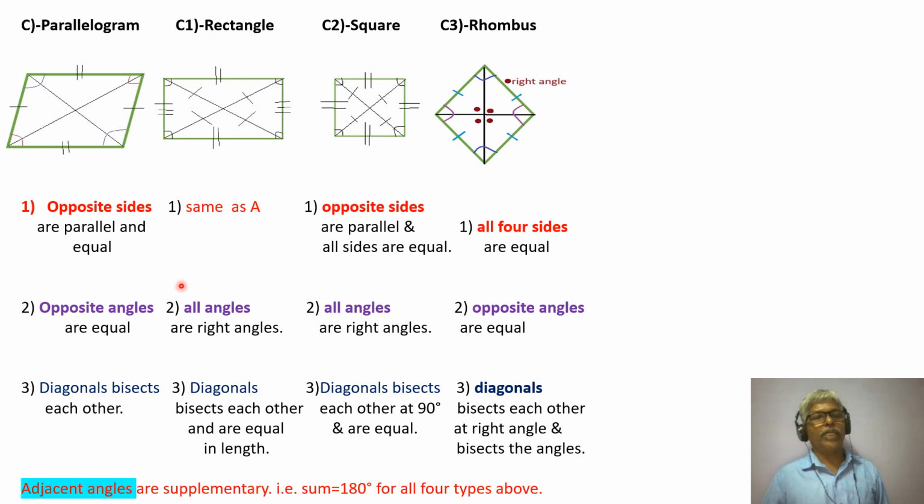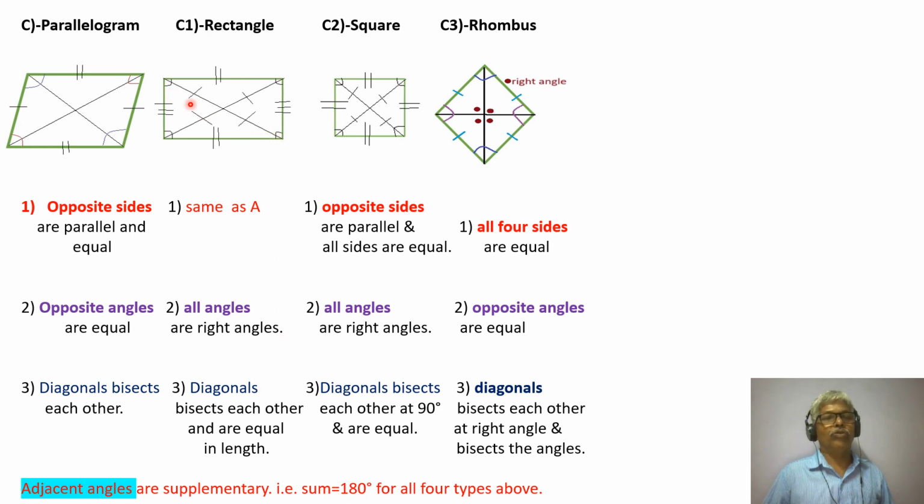Then particular types of parallelogram are rectangle, square, and rhombus. They carry all these properties, but something special in addition. So let us see what a rectangle is. Properties of rectangle: opposite sides are equal and parallel. Opposite angles are right angles.